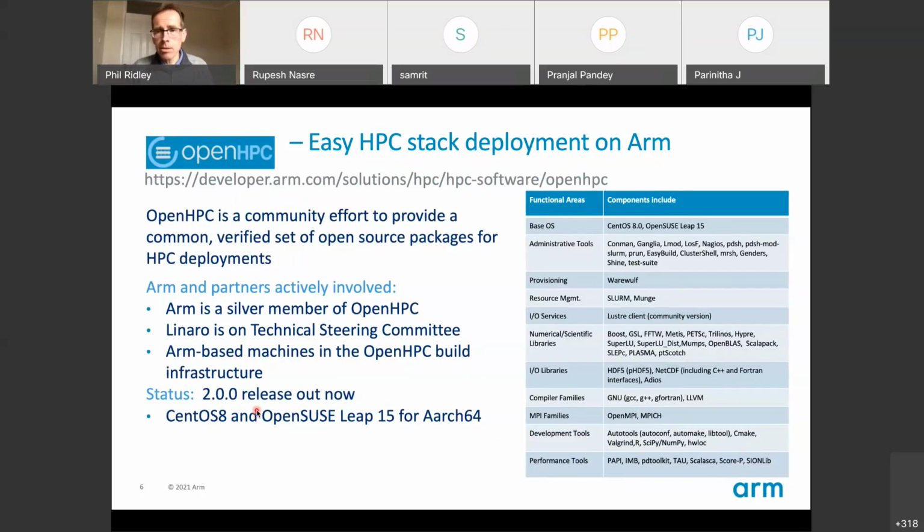This isn't just in the HPC space, by the way. This is lots of areas like consumer markets, mobile phones, autonomous vehicles, right up to HPC. HPC is just one area where Linaro are involved, but there is a lot of work going on.